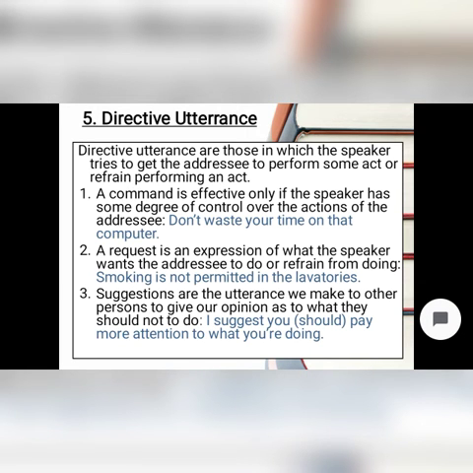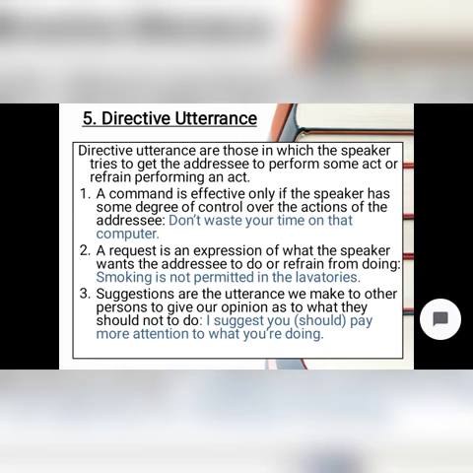Next, directive utterance. Directive utterances are those in which the speaker tries to get the addressee to perform some act or refrain from performing an act. So, there are three kinds of directive utterance.